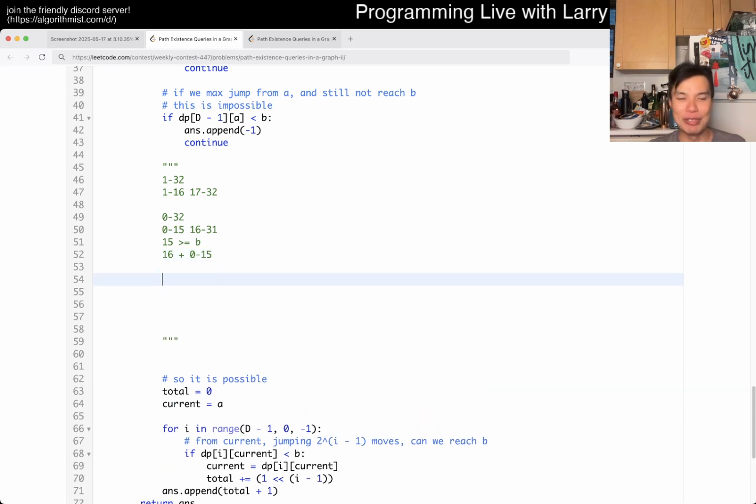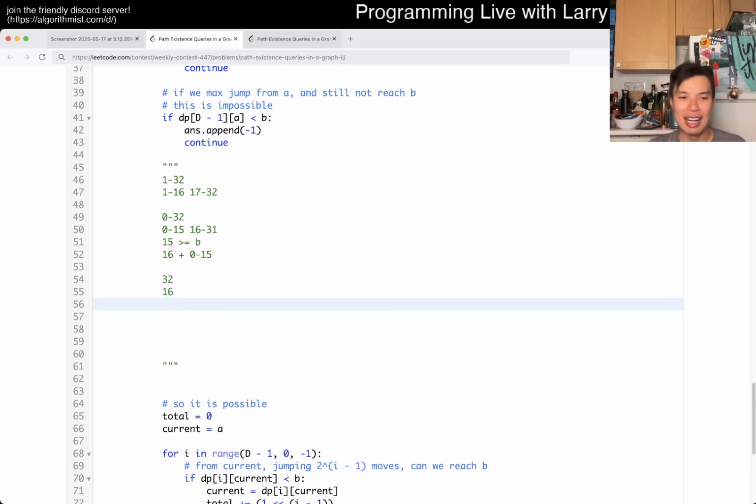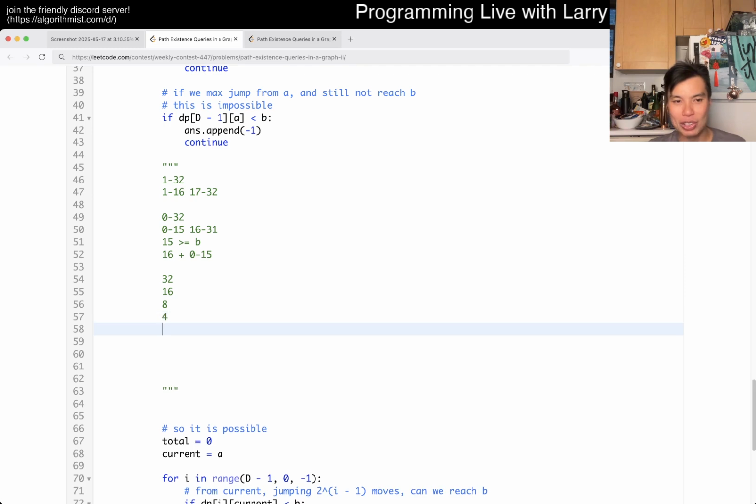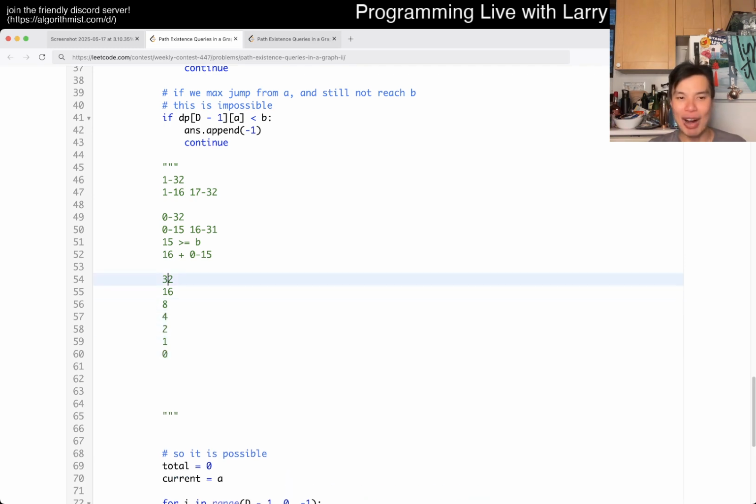So here, if you imagine all the powers of 2 are like 32, 16, 8, 4, 2, 1, 0. So then now I just also construct a jump table for 31, 15, 7, 3, 1, 0, and I guess it just doesn't exist.